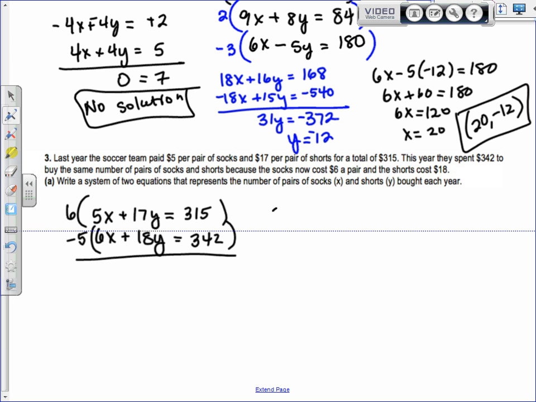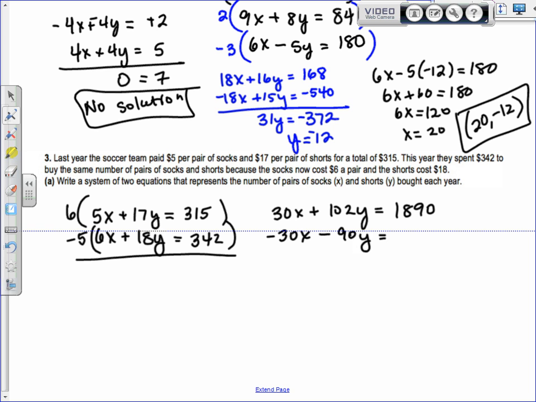All right, so we get 30x plus 6 times 17, so 34, what is it, like 102? Yep. 102y equals 6 times 315, so 1890. Check all my numbers. All right, so the negative 30x minus, is that 90y equals, oh goodness.